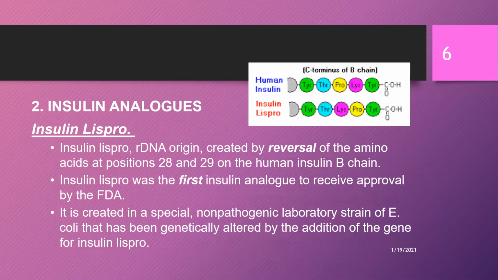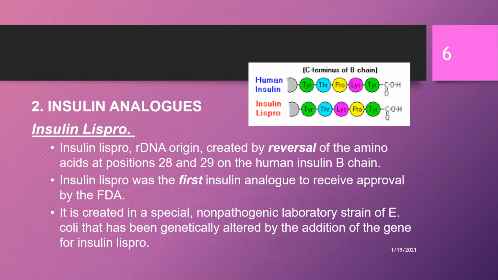Number one is the insulin Lispro. This has a recombinant DNA origin. It is created by reversal of the amino acids at positions 28 and 29 on the human insulin B chain. As you can see here, the positions 28 and 29 are reversed. So insulin Lispro was the first insulin analog to receive approval from the FDA.